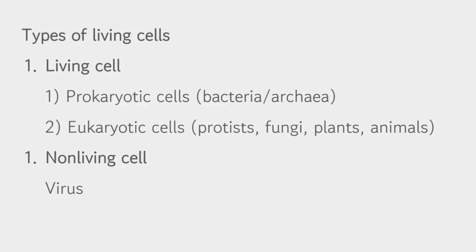So us, the human, belong to eukaryotes. Then are all the cells living? I mean, are there non-living cells? There are non-living cells like virus. However, we'll take a more deep look at living cells only.